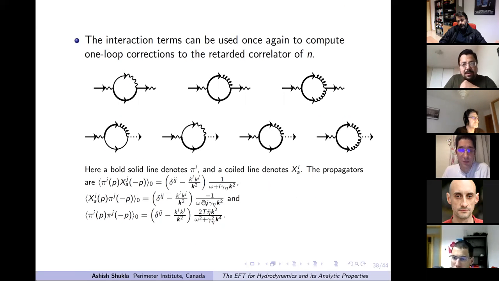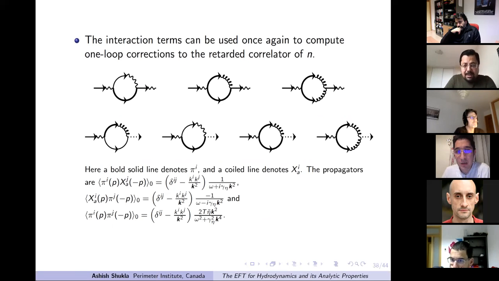Okay, thanks. Sorry, I have one more question. This is a technical question. When you compute your loops, what is the upper bound of your integrals? I mean, how do you regularize your integrals? Right. Thanks for asking. What we did was just use a UV cutoff in our integrals.